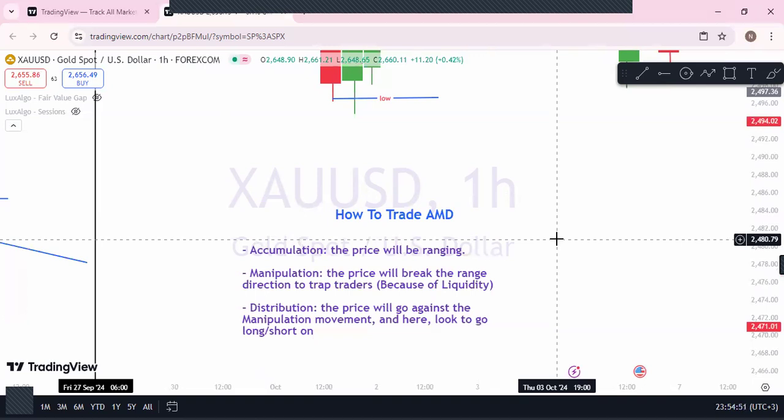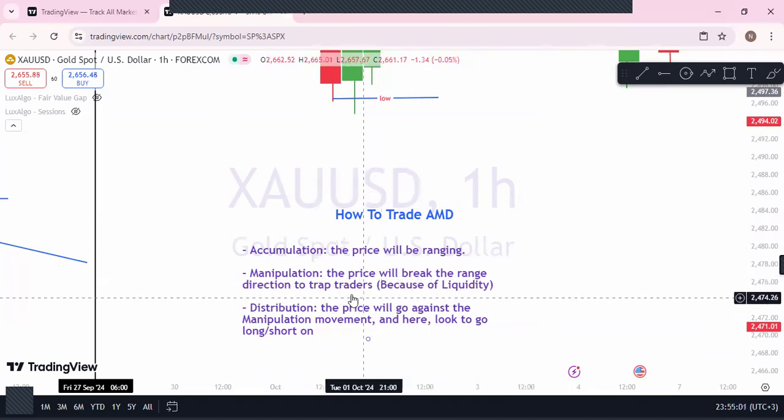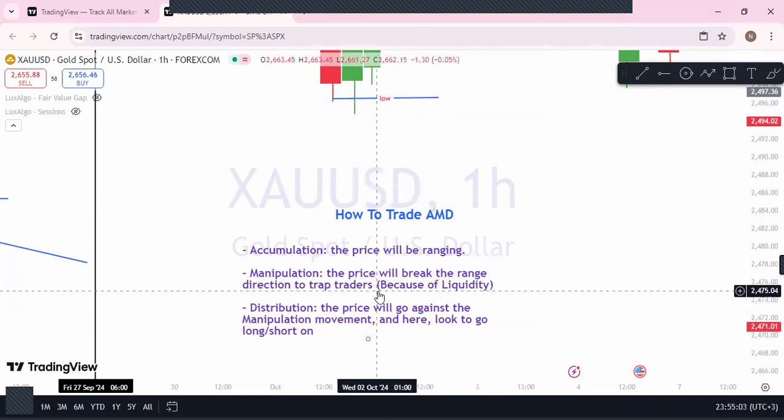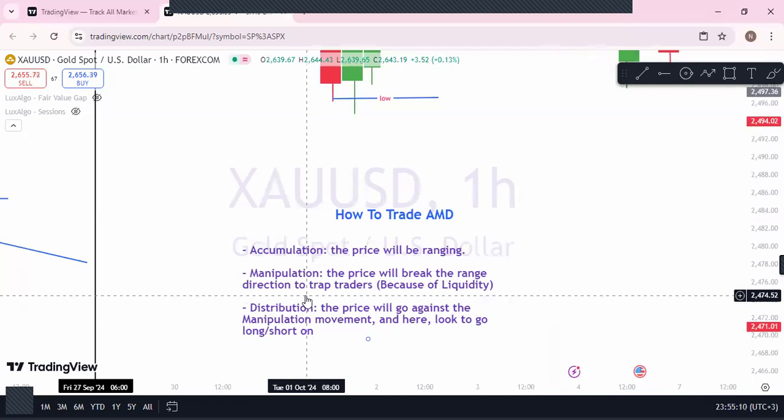Accumulation is where the price will be ranging or there is no clear direction of the market. Then we have the manipulation. This is where the price will break the range direction to trap traders because of liquidity. Liquidity is where most of the people have placed their stop losses.